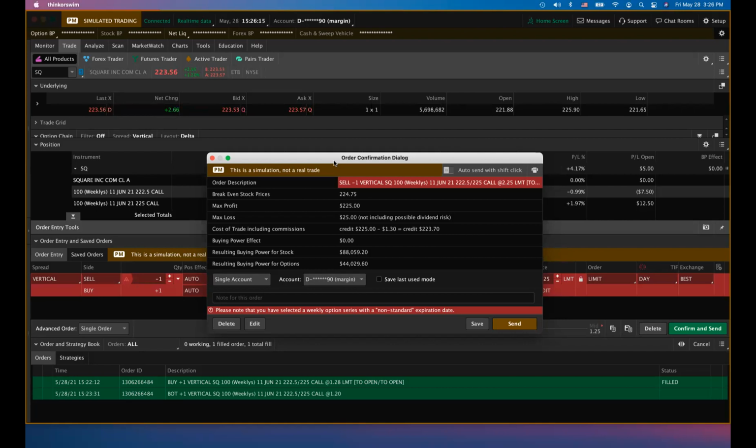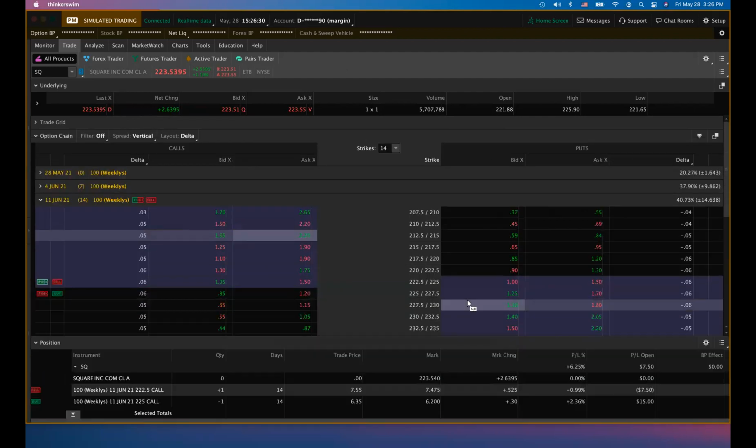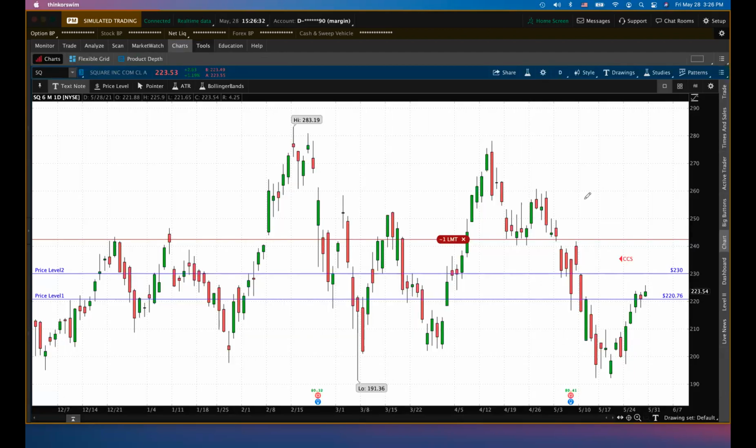That's why your trading plan should be as precise as possible. Just go in and put in your buyback order.